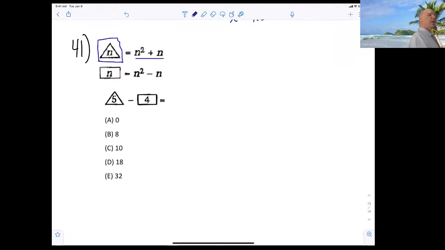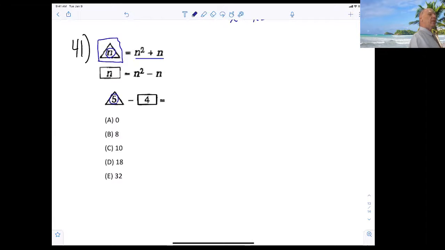So if I say triangle 5, what does that actually want you to do? N squared plus n. With 5 inside the triangle, they're telling you that's what the n value is.